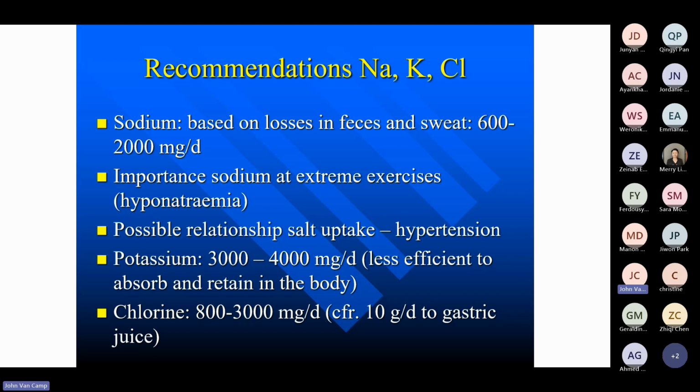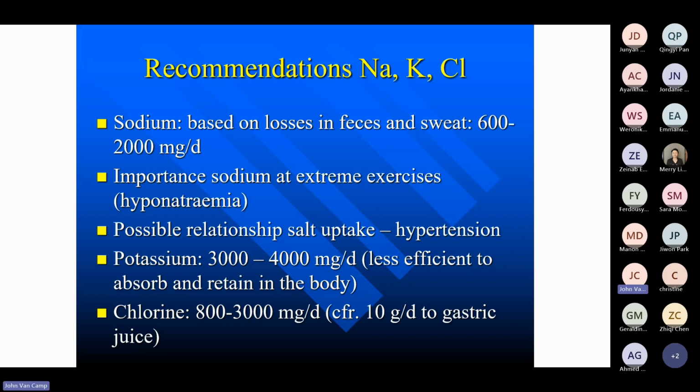And if you are losing a lot of sodium during extreme exercise, you get into a situation of hyponatremia, so too low concentrations of sodium inside the blood, which could be a problem. In that case, you have to see that enough sodium is coming in again, which, for example, can be done by the use of specific foods or drinks that are produced for athletes and sporters.